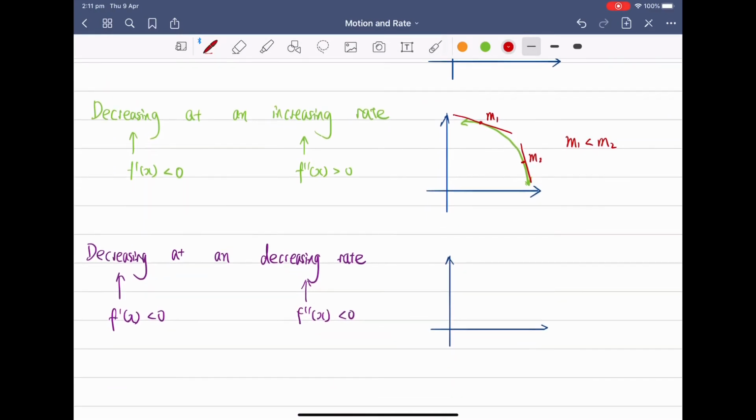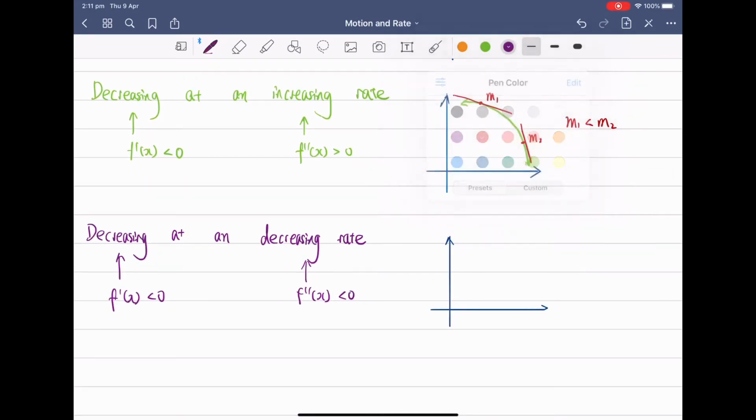All right, the last one is decreasing at a decreasing rate. Then points here and there. That's M1, that's M2, and M1 is greater than M2.